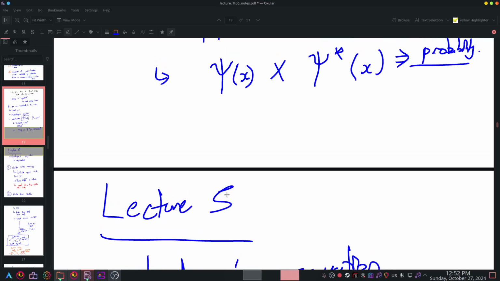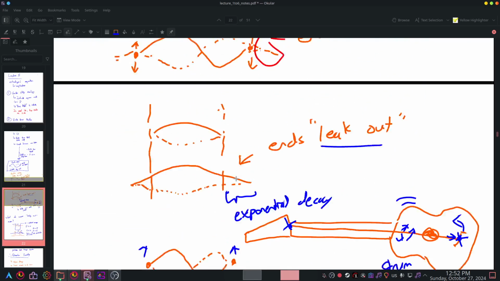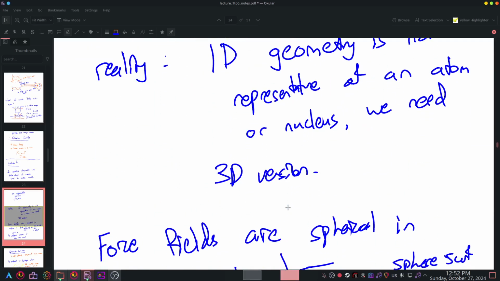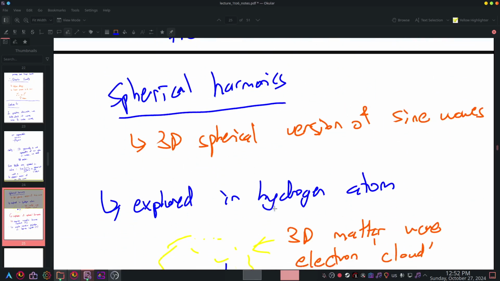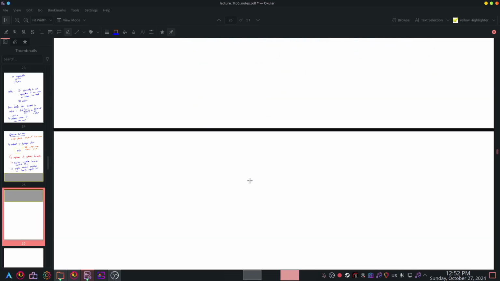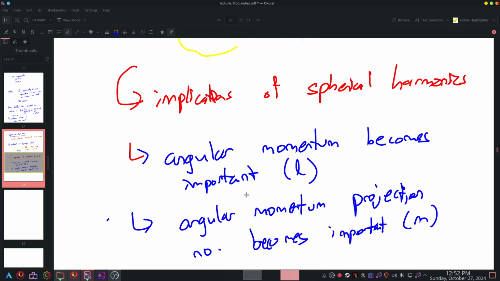But now that we move to 3D, two additional quantum numbers come about, and these deal with the angular momentum and its projection, or maybe we might even think of it as a magnetic moment sort of thing. So in 3D, instead of just energy level, you have these two other things to think about. That's what spherical harmonics does for you.